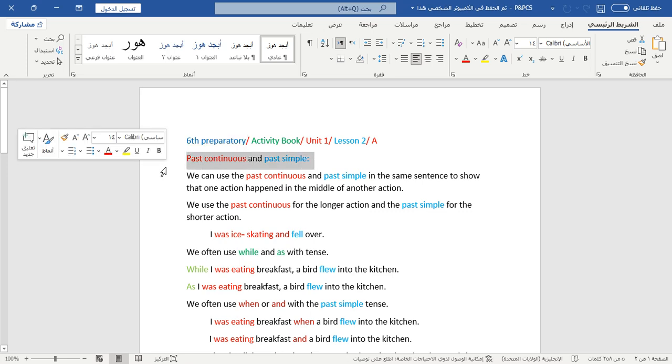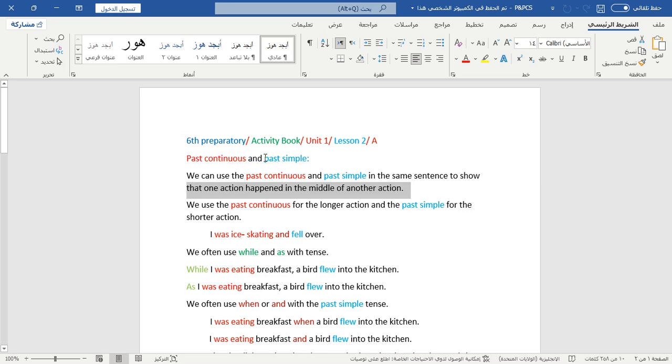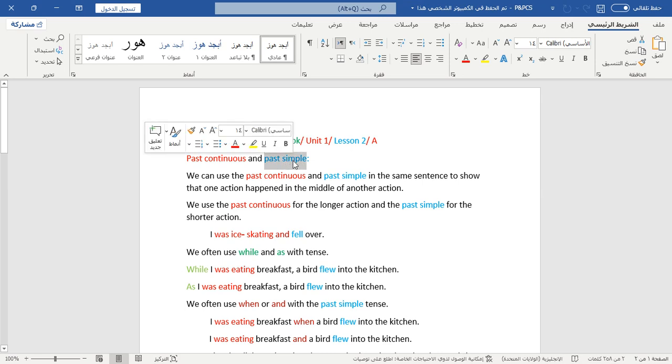Okay? Is that clear? But past simple is also an action that happened in the past and finished in the past. It doesn't focus on the duration. It focuses on the event. Okay? That's the difference between the two tenses.